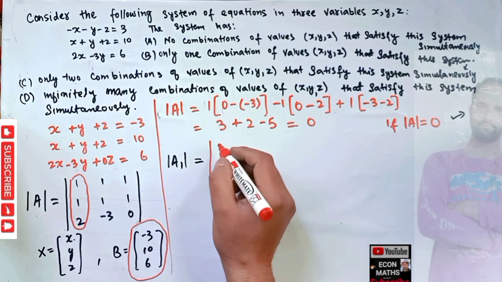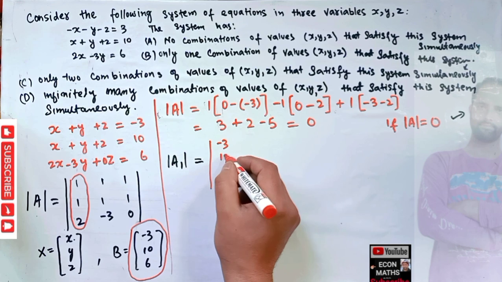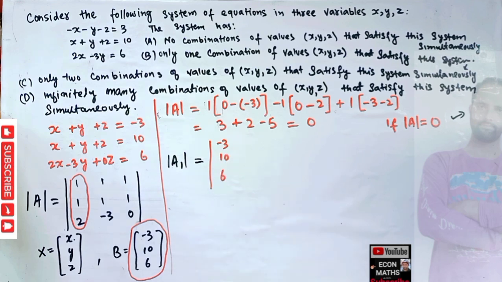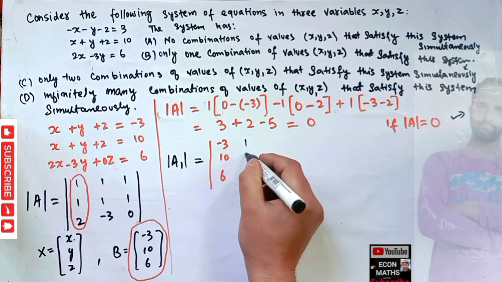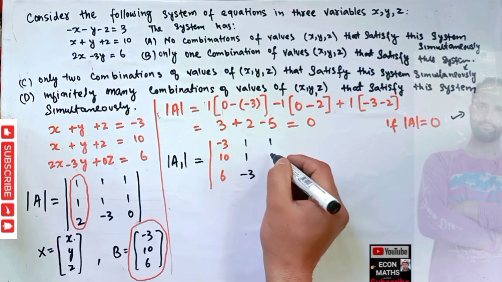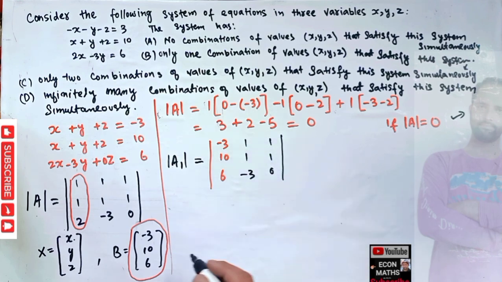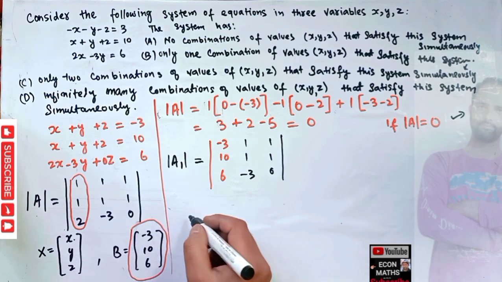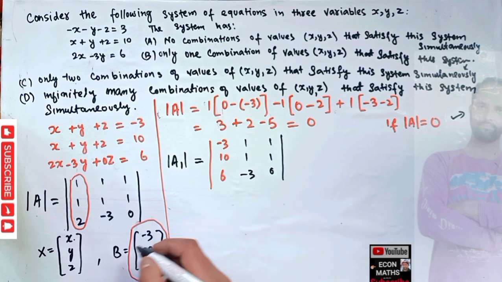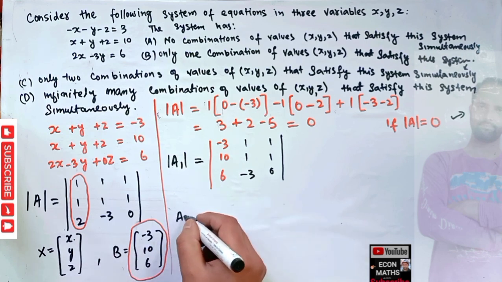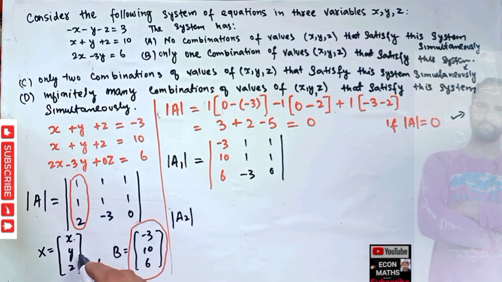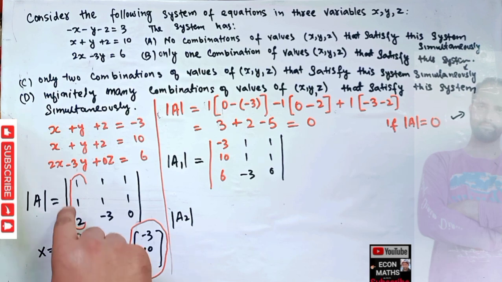So we have here minus 3, 10, 6, and the remaining matrix will remain the same, 1, 1, minus 3, 1, 1, 0. This is our a1. Similarly, to find the value of y, we first need to find the value of a2. So to find the value of y, replace the second column this time.